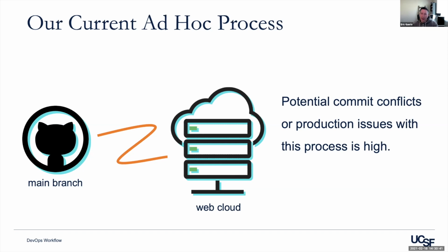There is a potential for commit conflicts, especially with modules that are shared across websites. There can be issues with the module being problematic or module updates being problematic. So there is definitely a tendency for things to break in production. We're trying to get away from that, obviously, to prevent it from going kaboom.